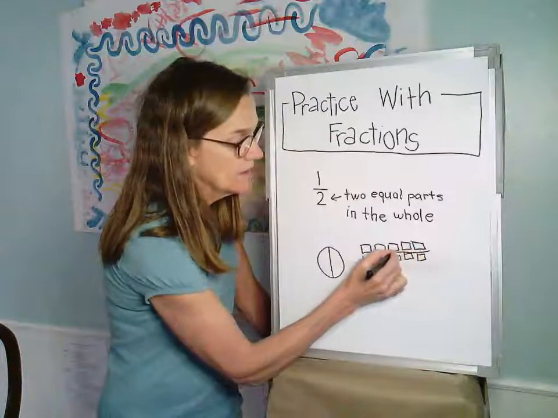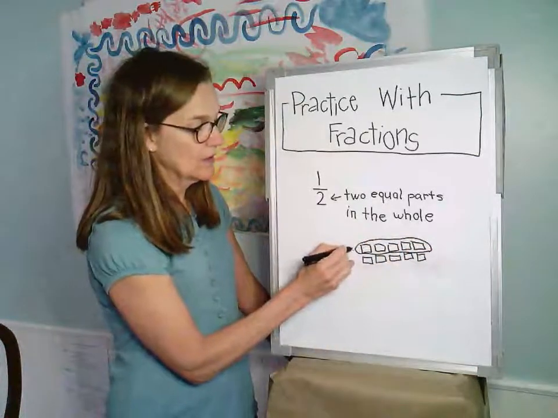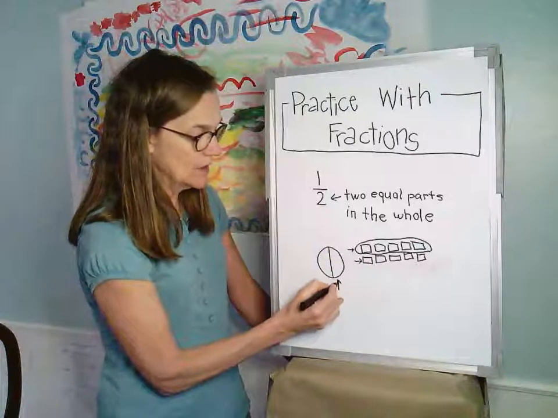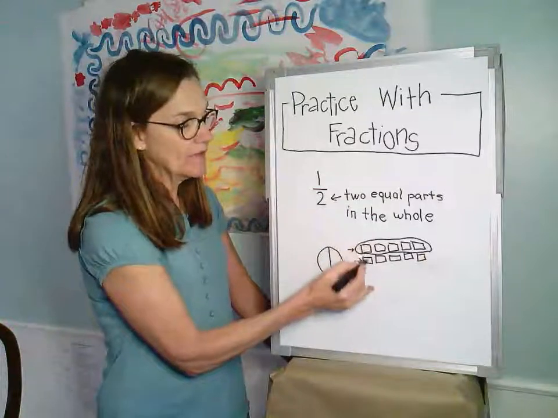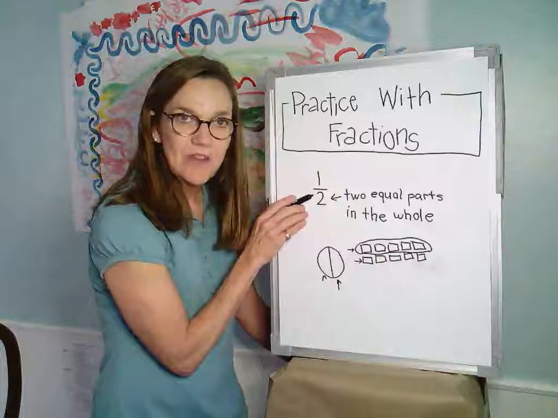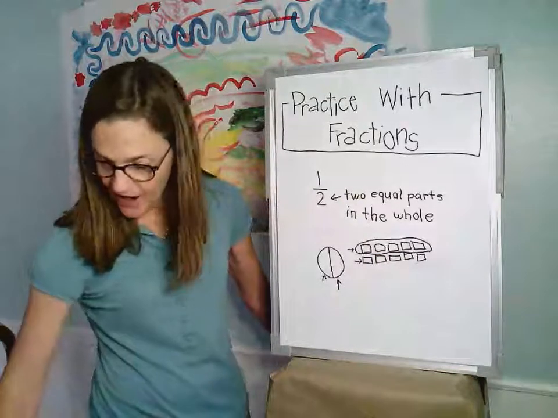Then this would be half of them because we have 2 equal sets, and here we have 2 equal parts. So when we talk about this set or this shape, we talk about halves because there are 2 equal sets. Okay, so keep that in your mind.